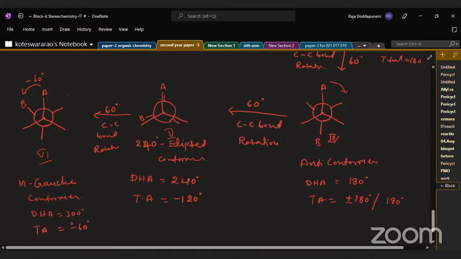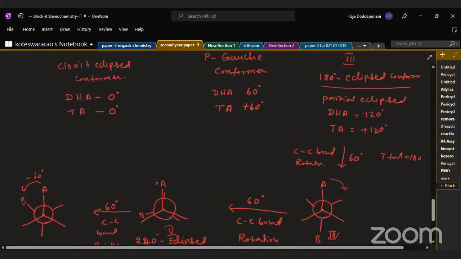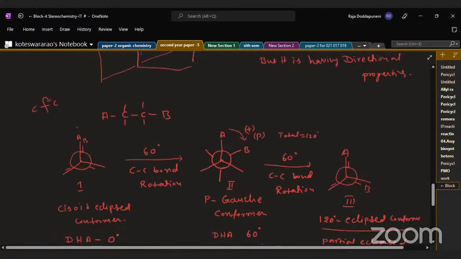Now, just simply we can understand what is the difference between the torsional angle and the dihedral angle. Again, you rotate by 60 degrees, C-C bond rotation. It gives the initial, original one.